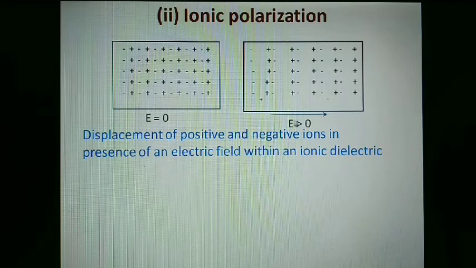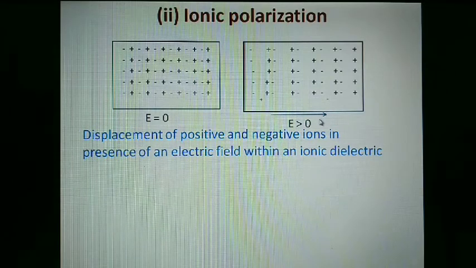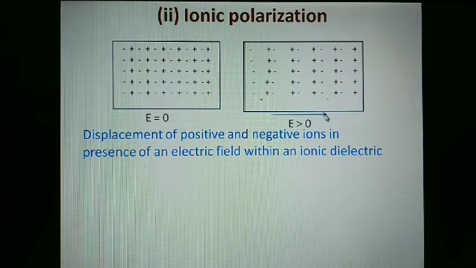When an electric field is applied, that is when E is greater than 0, if you think this is the positive side and that is the negative side, the tail of this arrow indicates the positive end of the electric field and the arrowhead indicates the negative end.